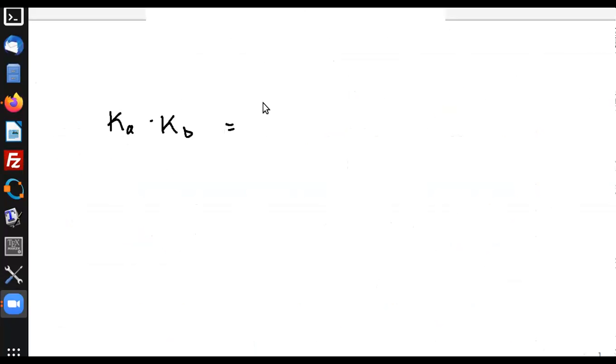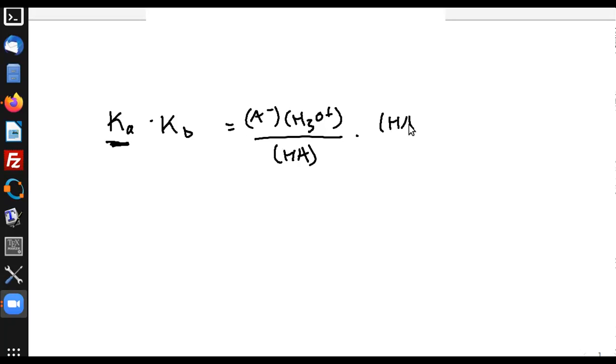The previous one was A minus H3O plus divided by HA, that is Ka, times Kb, and now let's see, so I don't mislead you, this is the expression for Kb.